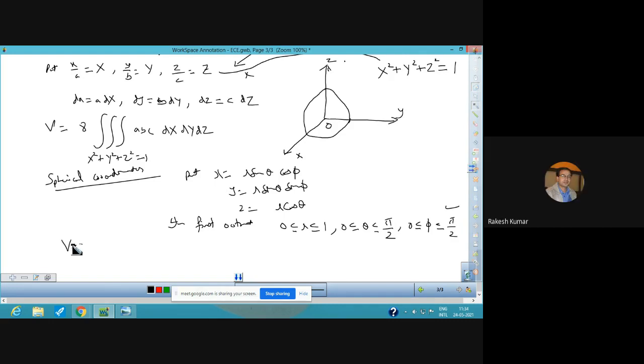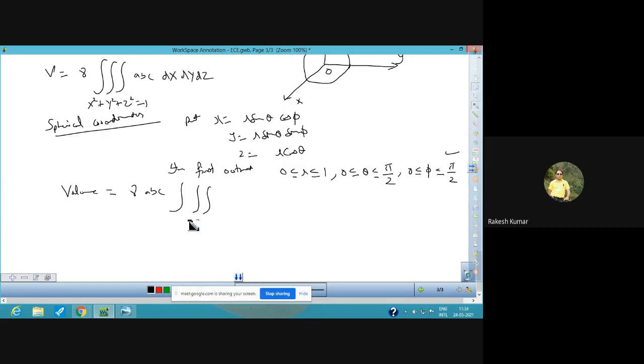Hence, the volume will be 8 times abc, with limits 0 to 1, 0 to pi by 2 and 0 to pi by 2. This is the difference: in the first octant, the upper limit of both theta and phi becomes pi by 2. And r is the radius, and the radius of the sphere is 1. That is why 1 has been taken over here.